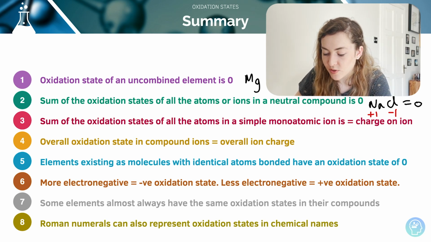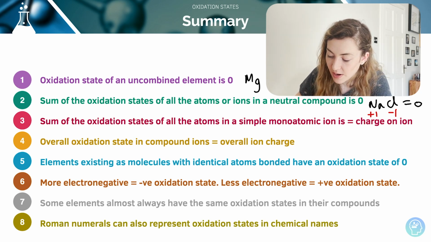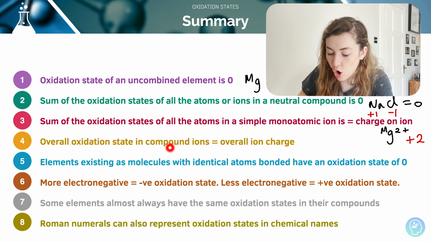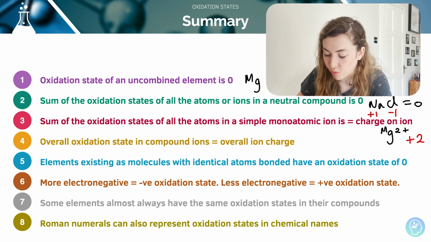The sum of the oxidation states in a simple monatomic ion is the charge of the ion. So let's take magnesium as its ion: the oxidation state of magnesium 2+, if it's in a solution for example, is +2. It's just the charge on the ion. The overall oxidation state of a compound equals the overall ion charge. That's helpful for polyatomic ions.